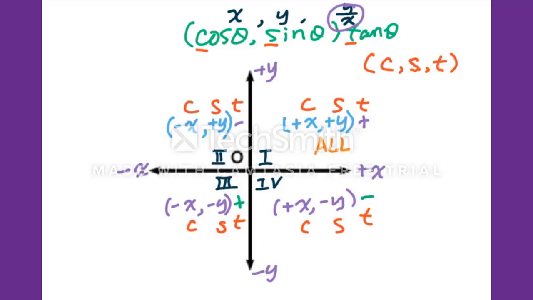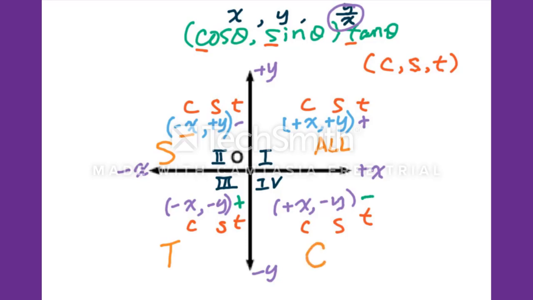Cosine negative and tangent negative, but only sine is positive. So I write down S for the second quadrant. For the third quadrant, you could see that only tangent is positive, so I write down T. For the fourth quadrant, cosine is positive, so I write down C.